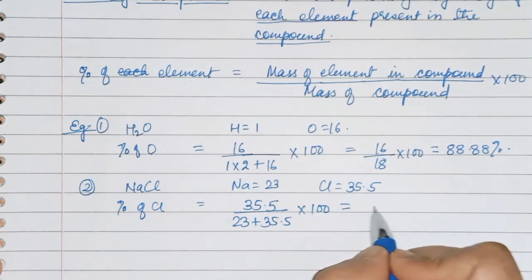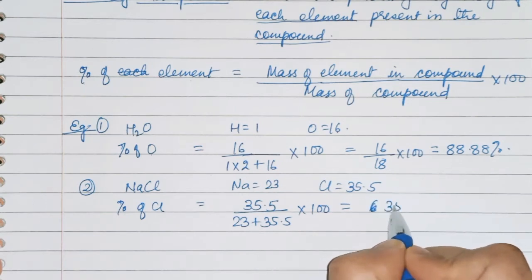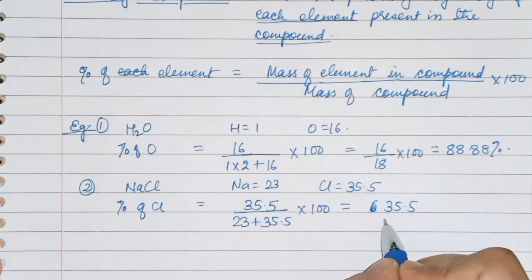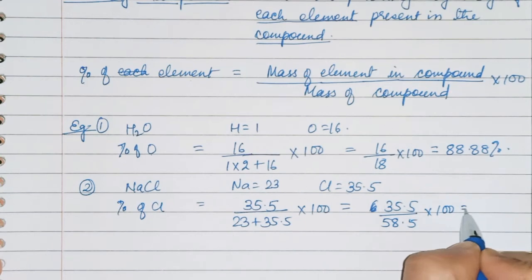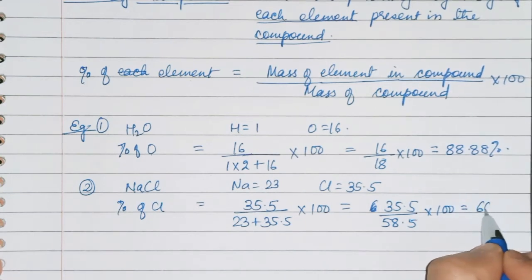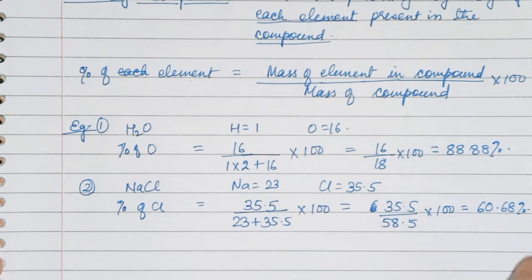Now you will get 35.5 upon 58.5 into 100, and after calculation you will get 60.68%. Clear?